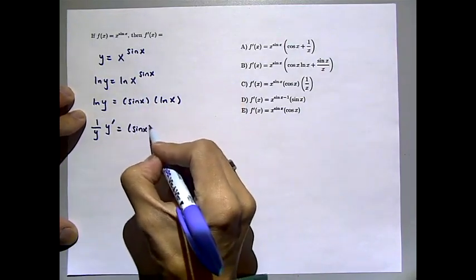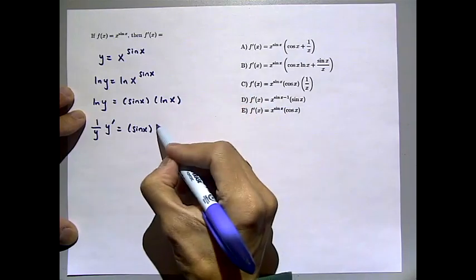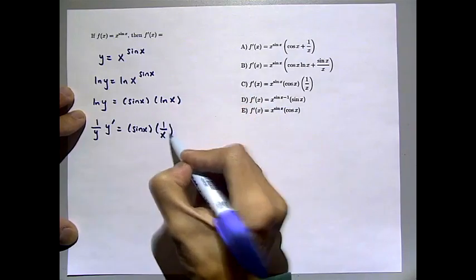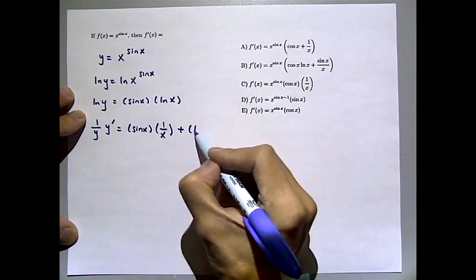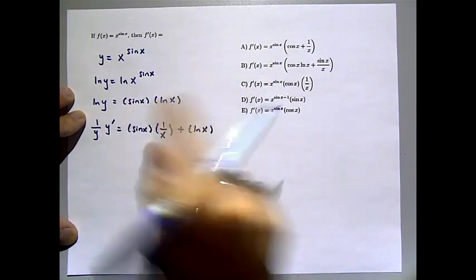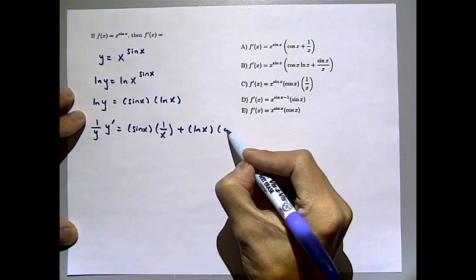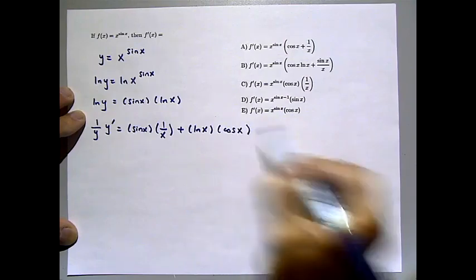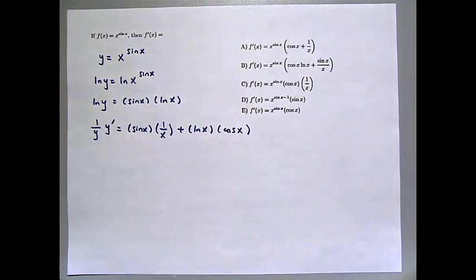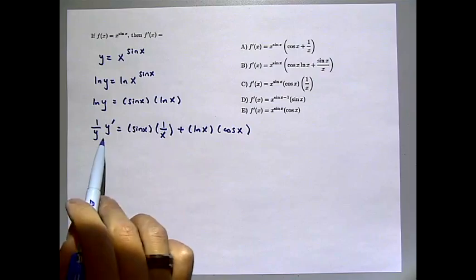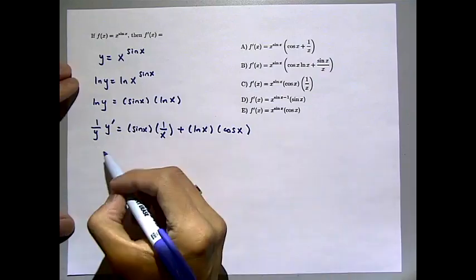First times derivative of the second plus the second times derivative of the first. We want y prime, so let's multiply y to the right-hand side.